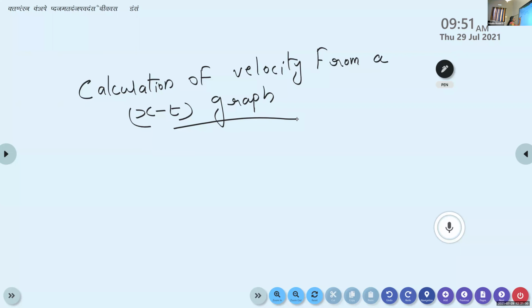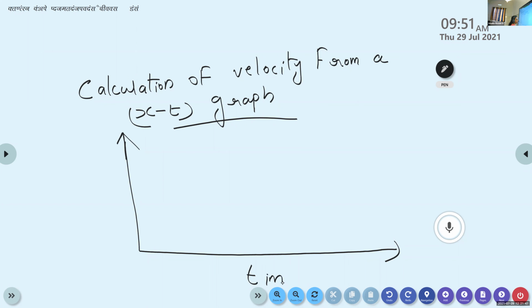So here we consider the position time graph. In order to explain the calculation of velocity from the position time graph, we are going to consider the graph for the uniform positive velocity of an object. What is the nature of the graph? Here I have already drawn it.